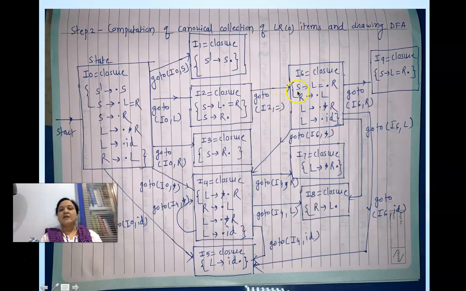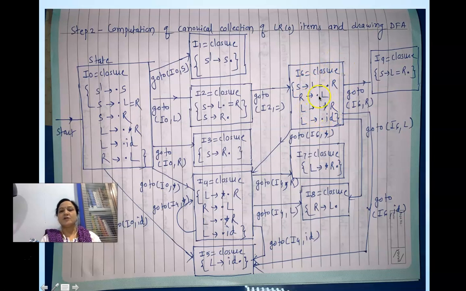So we take a transition here in the DFA from I2 to I6. I6 is equal to closure of S tends to L equals to dot R, where the dot is getting shifted here. So after the dot a non-terminal is there, so we take the R production, R tends to dot L. After the dot L is a non-terminal, take the L productions, L tends to dot star R and L tends to dot ID.